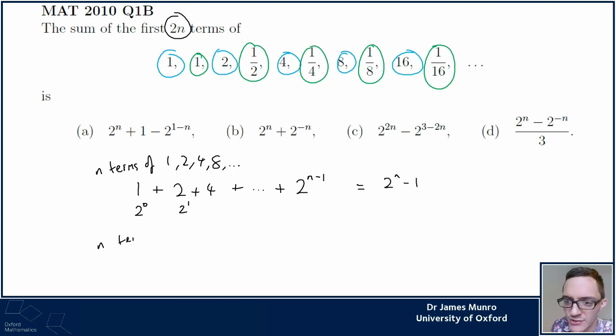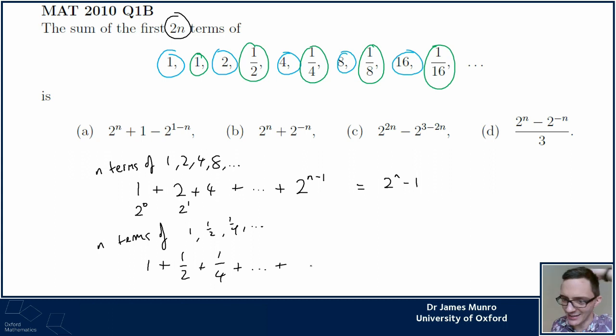And I want n terms of 1, a half, a quarter, and so on. And I'm going to concentrate for this one as well. 1 plus a half plus a quarter, and so on. Plus, now the nth term is going to be 1 over 2 to the n minus 1, I think, because it's 1 over what the other geometric progression was.